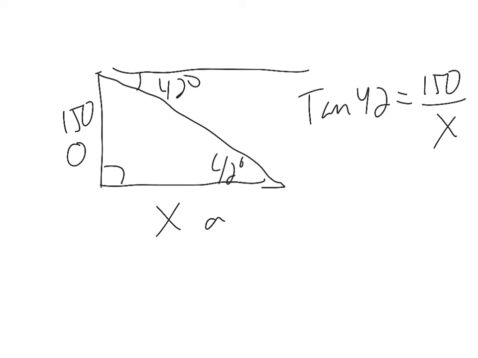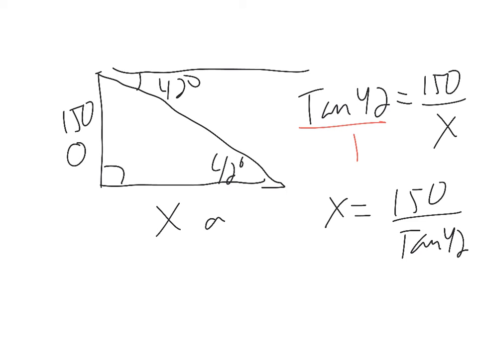I can treat the tan of 42 as tan of 42 over 1. Remember, the tangent of 42 is some decimal. Then I can do my cross products, and the same deal works out. I won't show all those steps. It's 150 divided by the tangent of 42, and that'll tell me that shorter side.